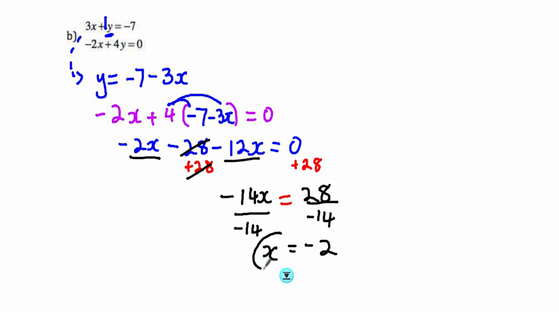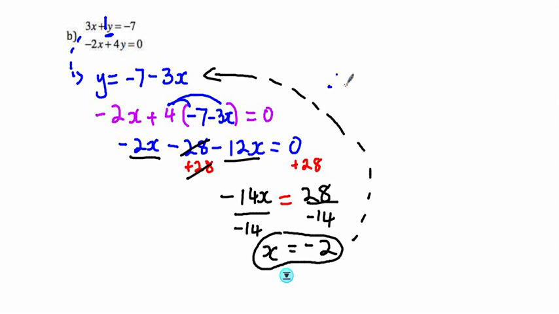Once I know that x is minus 2, of course this is only part of the solution. I now need to substitute that back into my expression for y so that I can find the y value. Therefore y is equal to minus 7 minus 3 times x.